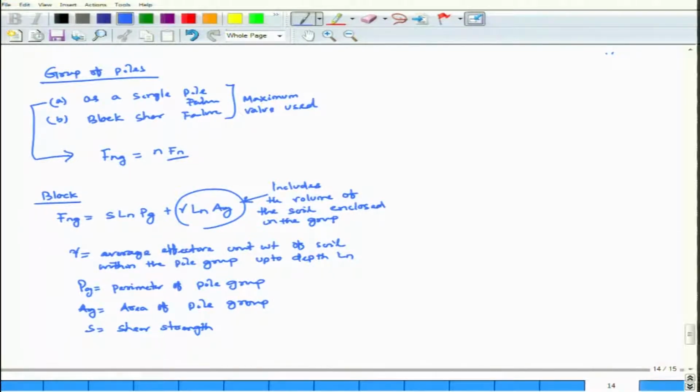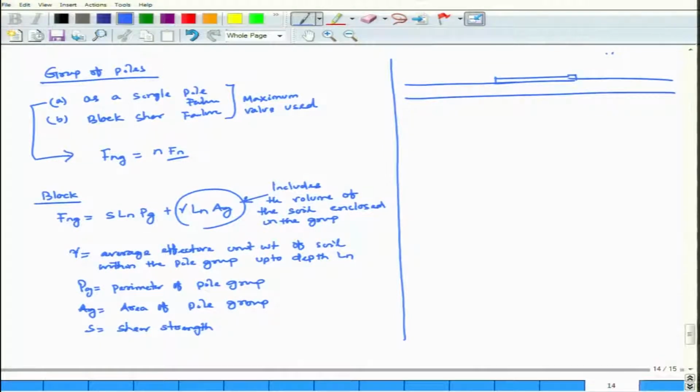There is another case, suppose a case is here with L1, L2, L3.